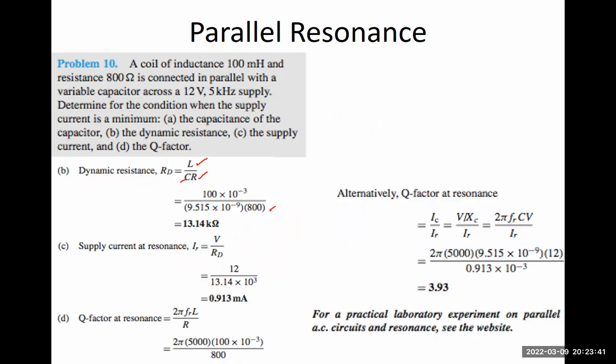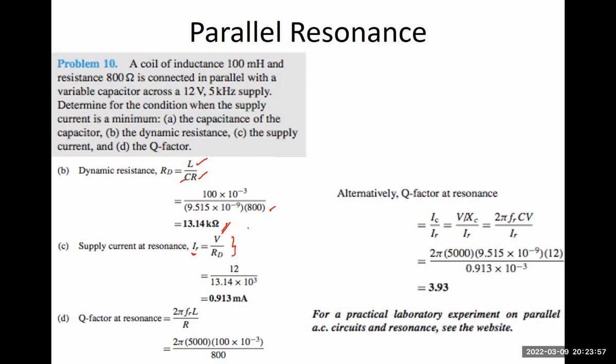So the dynamic resistance now would be equal to 13.14 kilo ohms.